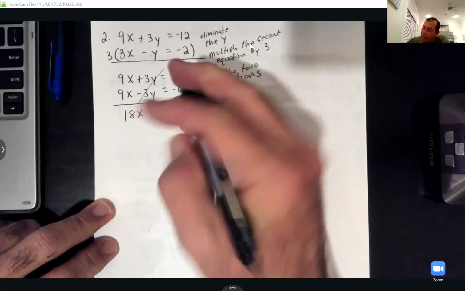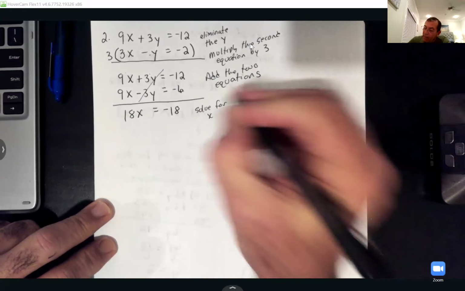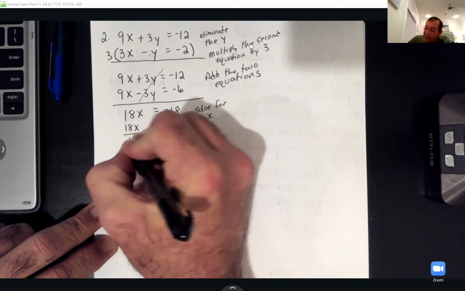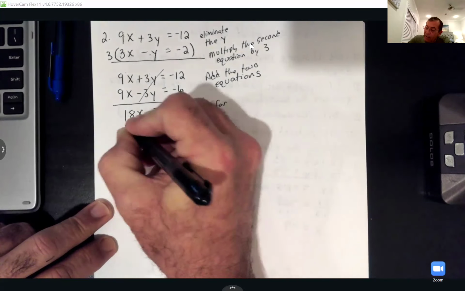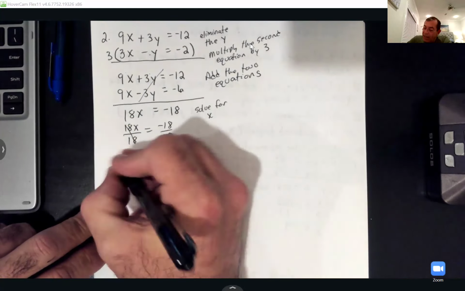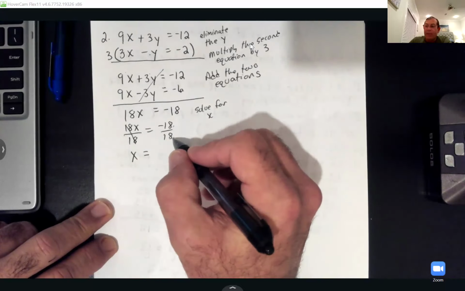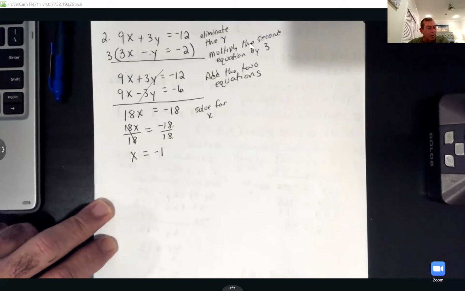All right, solve for x now. Well, all we got to do is divide by 18 on both sides. So that cancels, give me 1x. And y'all, -18 divided by 18 gives me a -1.